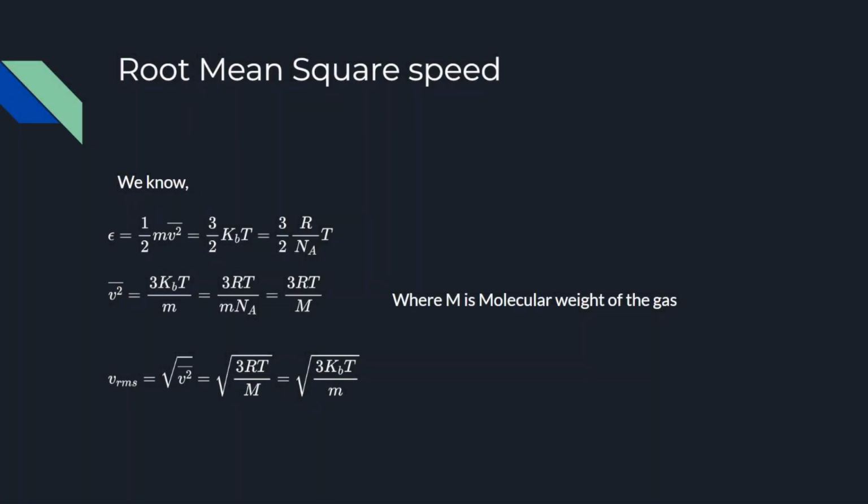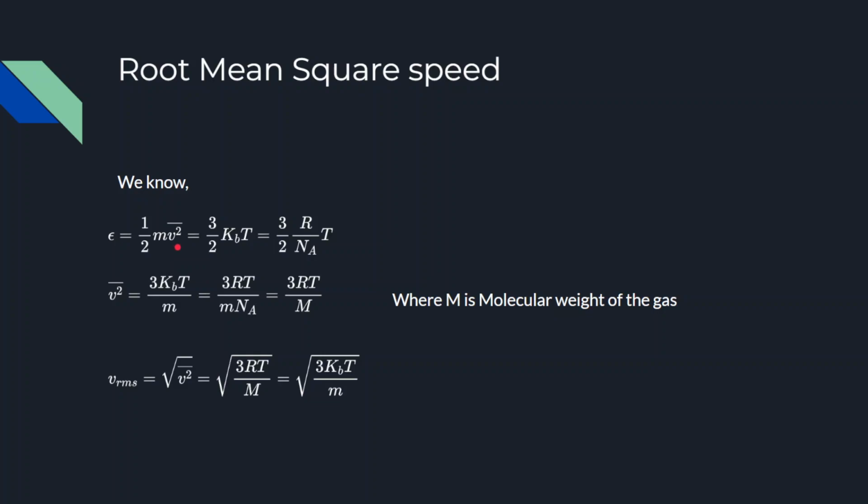Next we will derive the root mean square speed. We already have the kinetic energy, half m v bar square, equal to 3 by 2 kbT, and it can also be written as 3 by 2 R by Na T. We are doing both because we will find two different forms of vrms, or root mean square speed.